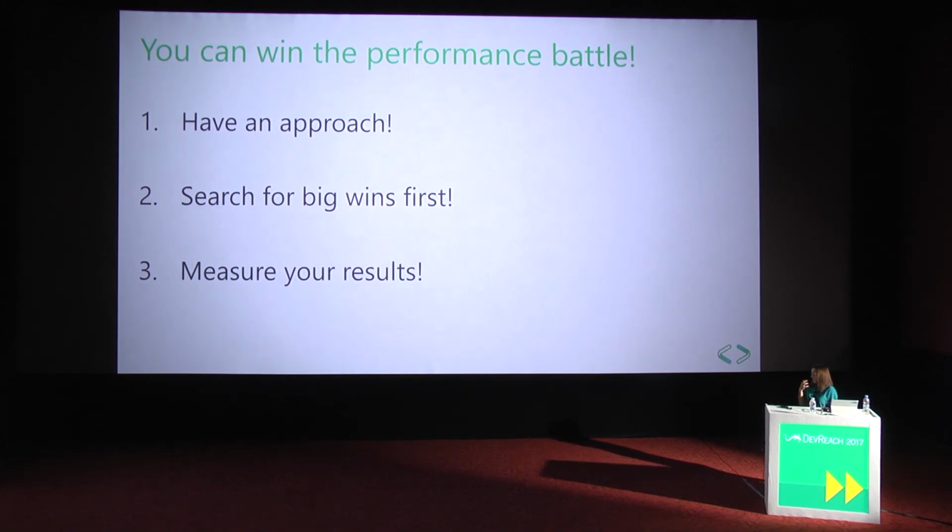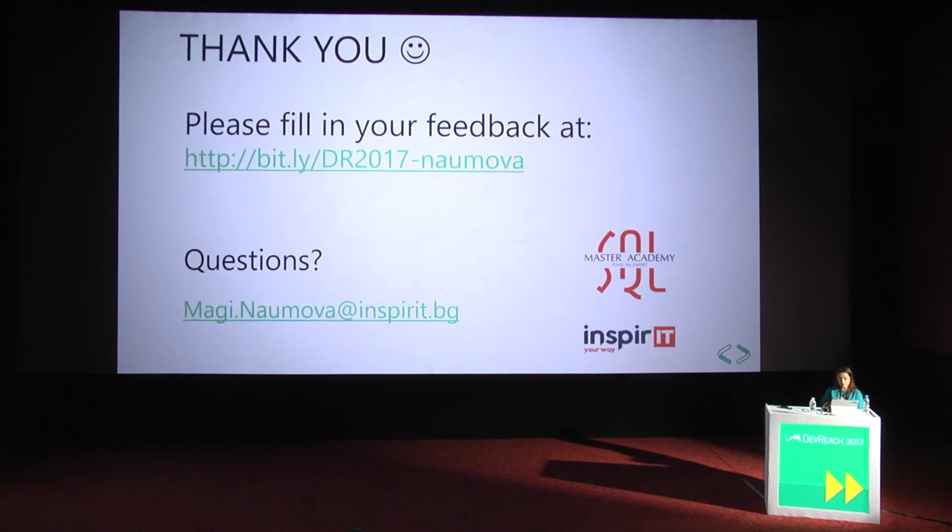The problem which has the most weight is the most important to identify in the code research. So we search for the big wins first, and those are configuration fixes that we usually perform as part of the performance tuning project. You need to measure your result. You need to see what you have done in order to understand what the next step is.